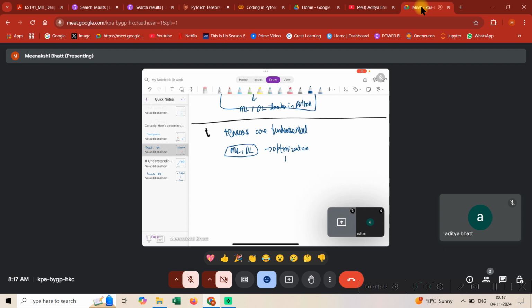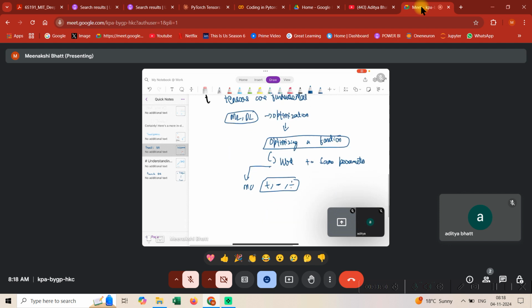It essentially means optimizing a function with respect to some parameter. Let's not go into the depth of it, but you need to do a lot of mathematical operations, namely addition, subtraction, division, and other complicated actions as well.